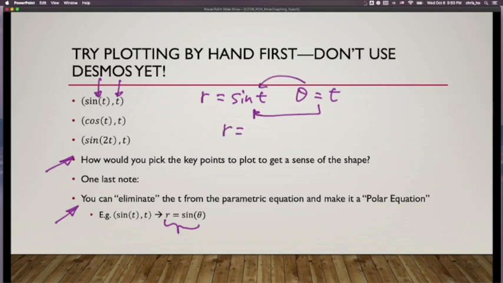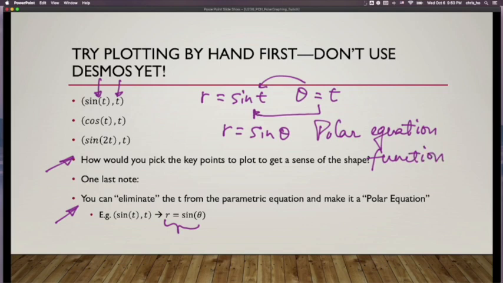So r is equal to sine of theta. And this is a polar equation, or a polar function. R as a function of theta.